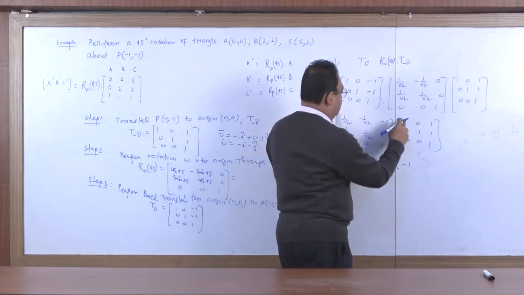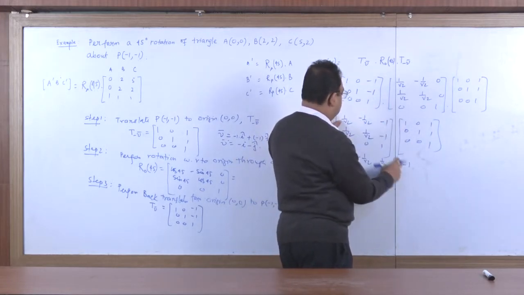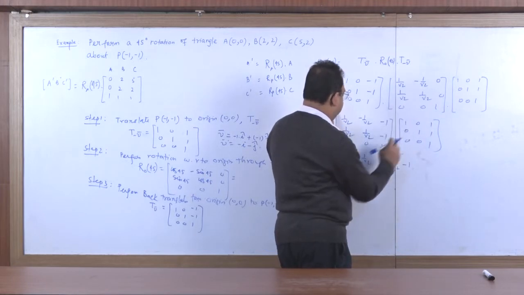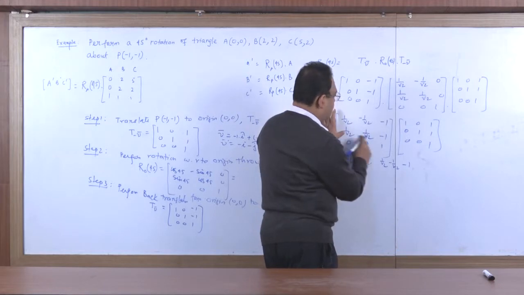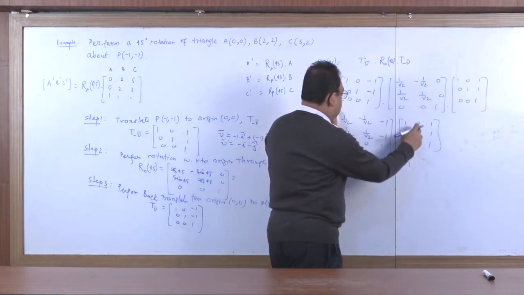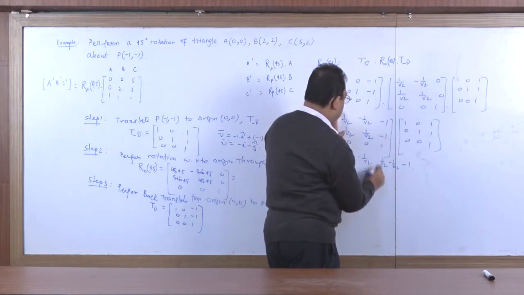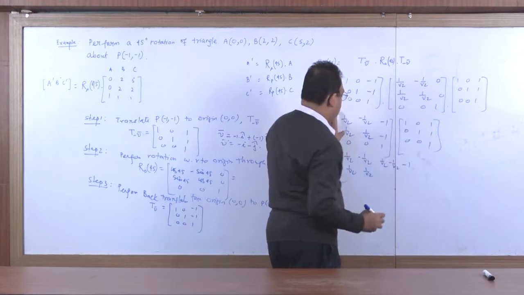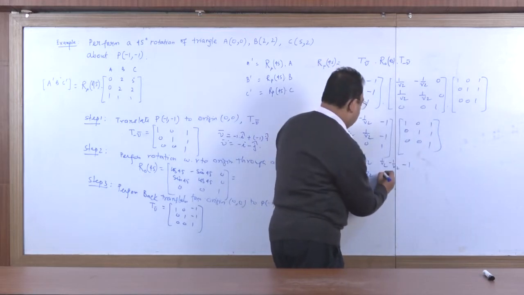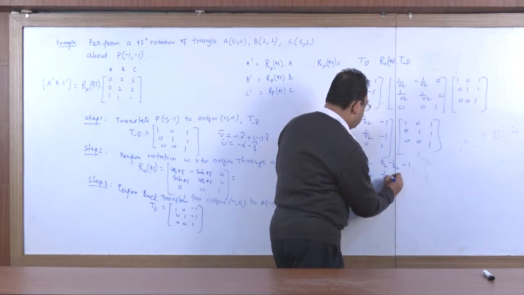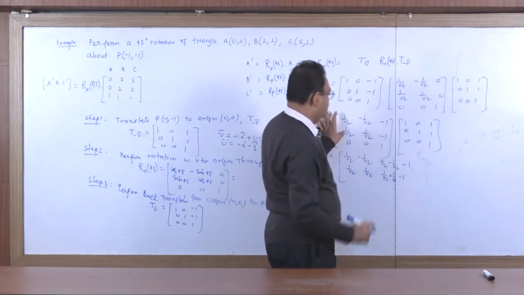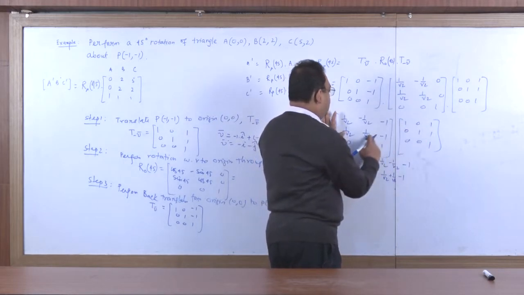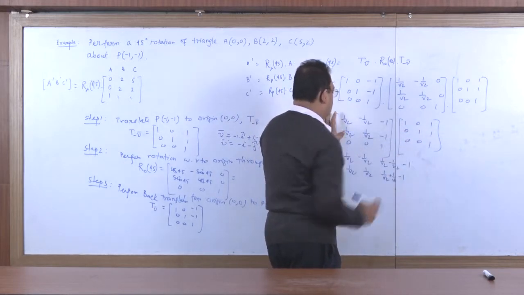Now, this into this, so this is 1 by root 2, this into this, then this into this is 1 by root 2, then this into this. So, this is 1 by root 2 plus 1 by root 2, minus 1, 1 by root 2 plus 1 by root 2 into minus 1.